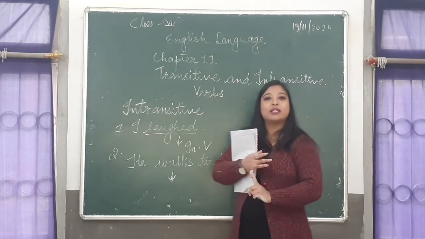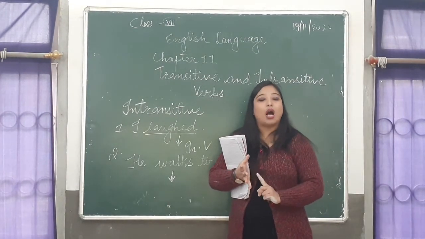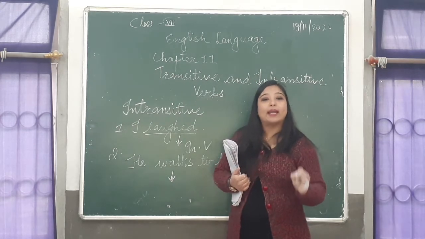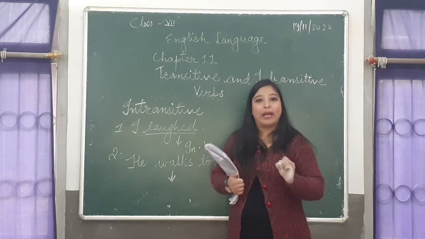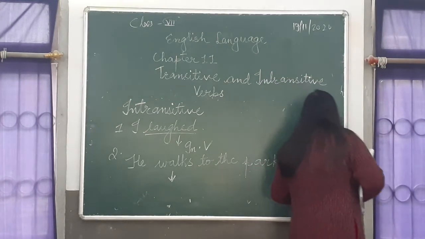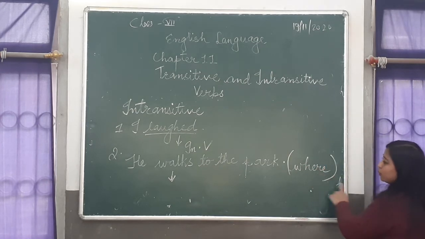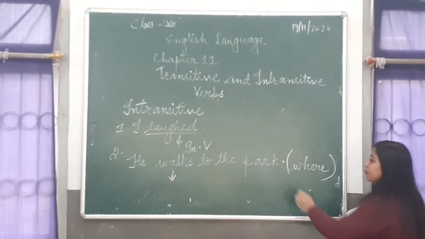So in all the intransitive verbs, I told you all to ask the question where, how, and when. He walks where? Isn't it? Where? To the park. So this is not the object. Please be careful over here.